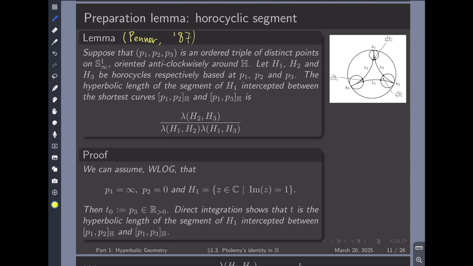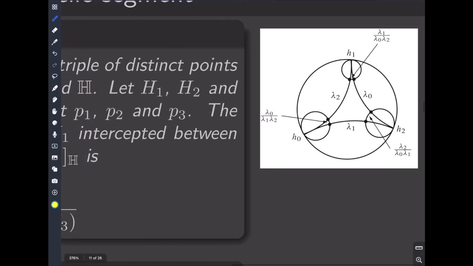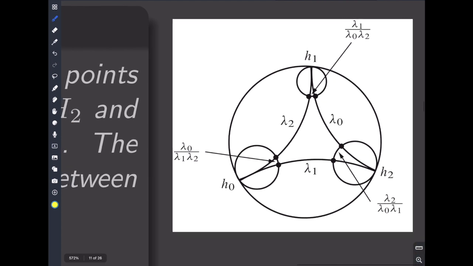So for the moment, let me not even show the statement, just show the picture. In the picture, it's easier to explain. And of course, I'm taking an oversimplified picture in the sense that I'm beginning with 3 horocycles based at 3 different points.